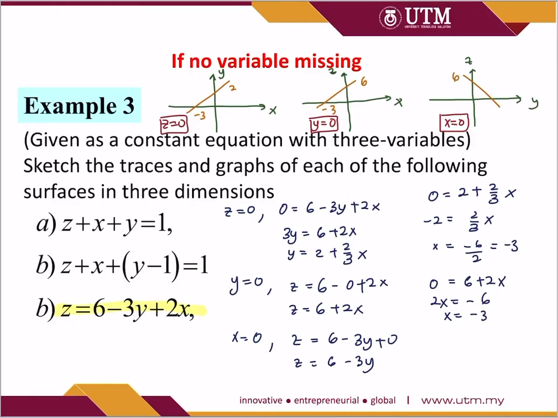Then we need to substitute the value for z equal to 0 in order to get the intersection at the y-axis. So 6 minus 3y equals 0, so 3y equal to 6, y equal to 2. So we obtain y equal to 2 here.